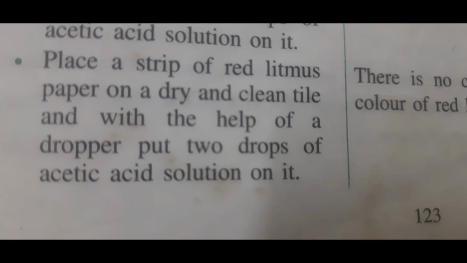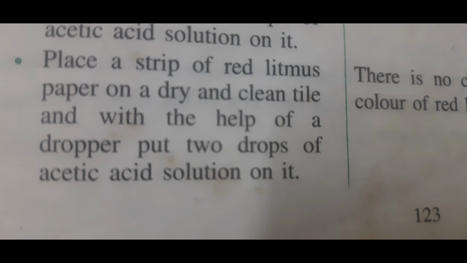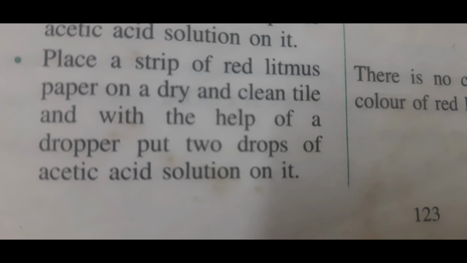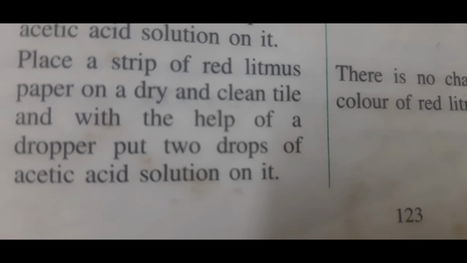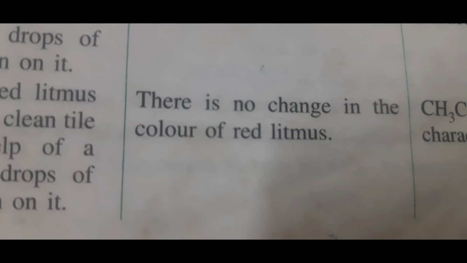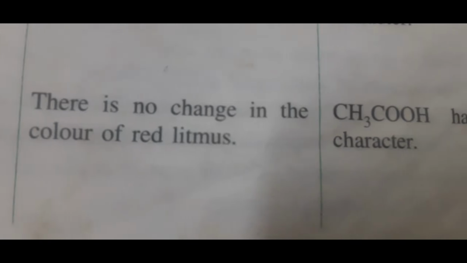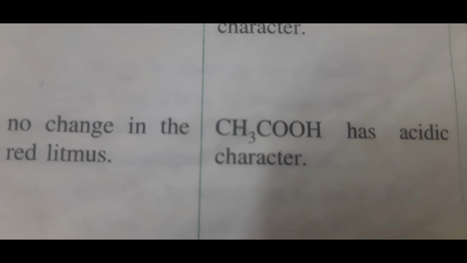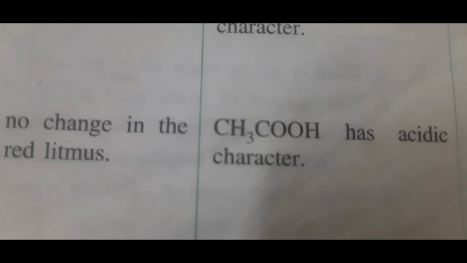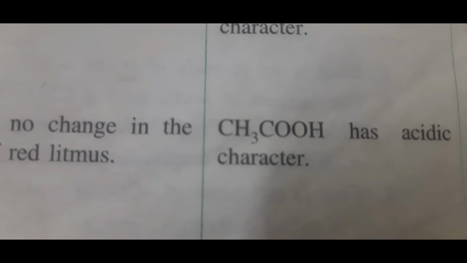Put 2 drops of acetic acid solution on it. And what do we observe? There is no change in the color of red litmus. That means acetic acid has acidic character.